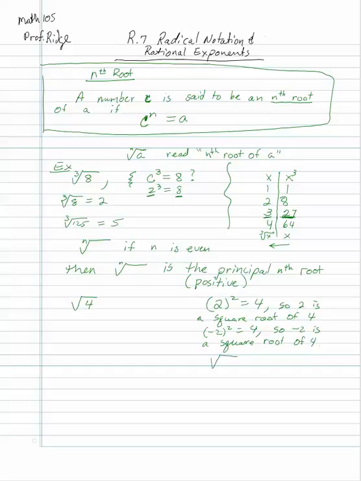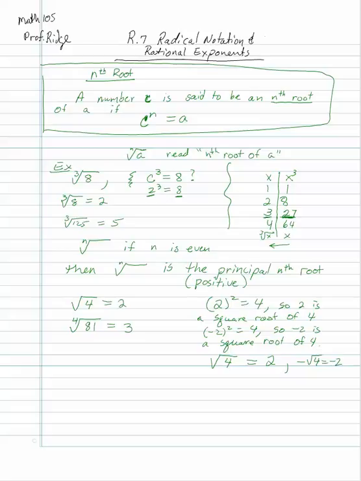But by definition, this is the principal square root of 4, which is just the positive one. If I want the negative one, I put that negative sign out in front. Okay, so just want to remind you of that. And that's same for, if I did the fourth root of 81, that's going to be 3. Okay?